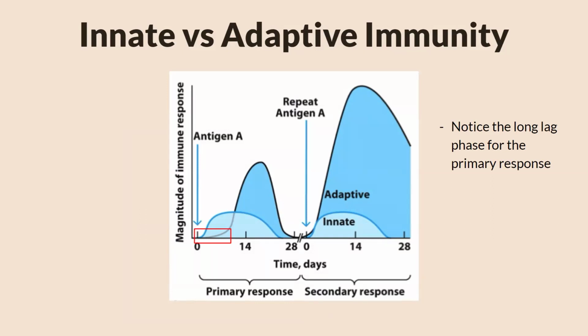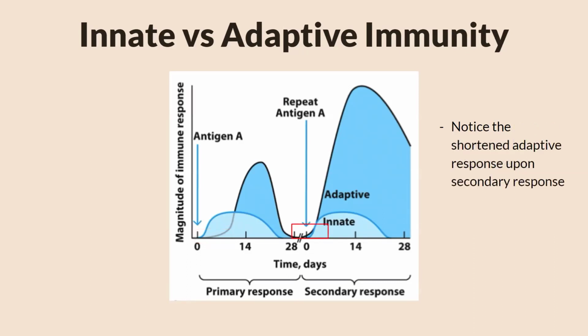Innate has a lesser magnitude of response compared to your adaptive response, but your adaptive response takes longer in the first stage, so you can notice the long lag phase. On the second infection, there's a shortened adaptive response because it's the second time you're seeing this pathogen, and your cells already have memory of what those pathogens are.